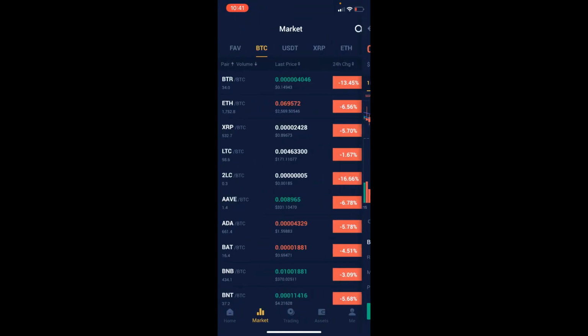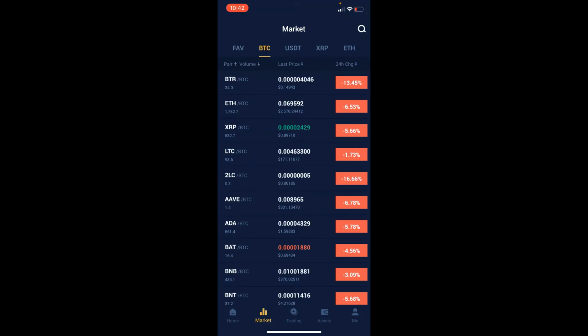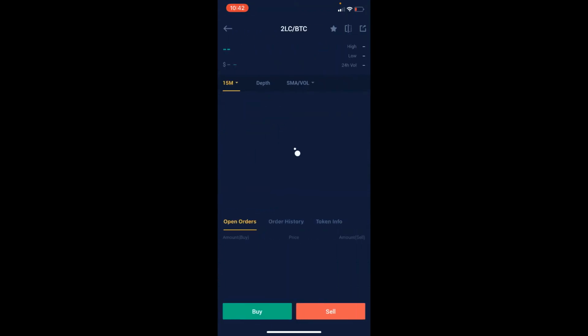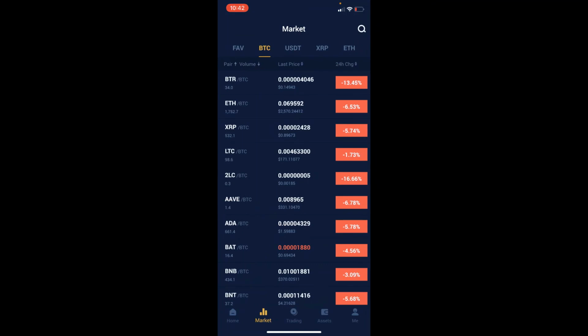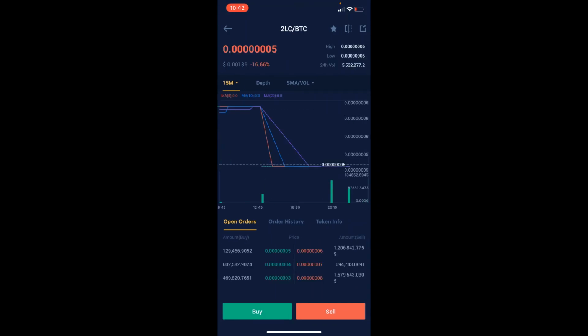Let me back out and go to another coin, one that you probably haven't heard of, 2LC. This is a fairly new one on Bitrue. What is 2LC? What does it mean? Let me back up. On the BTC pair, I tapped 2LC, and so it opened up to 2LC pairing with Bitcoin.